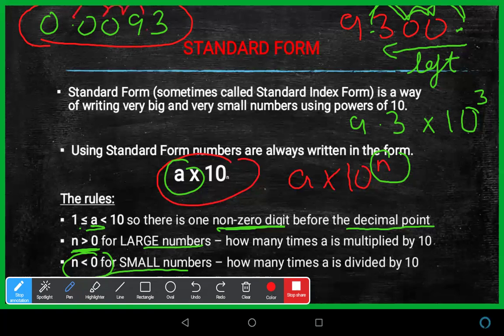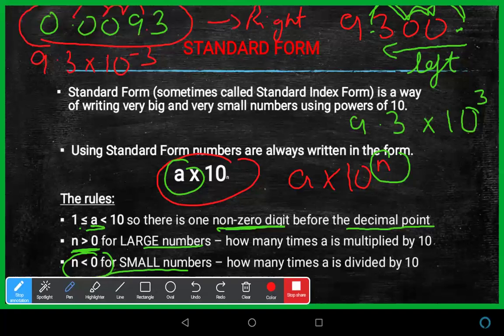Still it takes 3 steps, and the point is moving to the right side. So this means 9.3 multiplied by 10 raised to the power minus 3, because when the decimal point moves right, the power will be negative. When the decimal point moves left, the power will be positive.